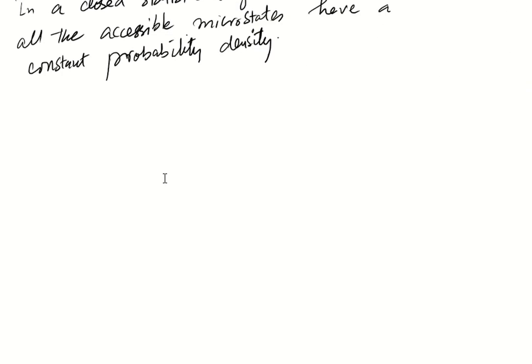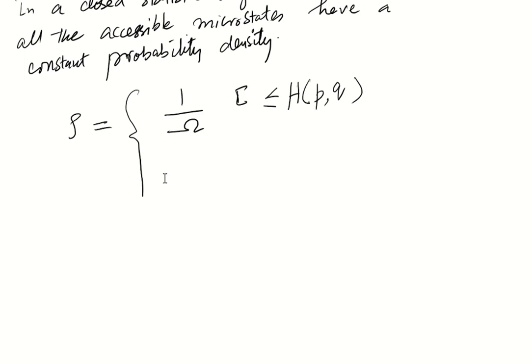So mathematically we can write it as rho is 1 over omega, where omega are the accessible microstates of the system, if the energy of the system is between E and E plus delta E. This 1 over omega is a constant, and it is 0 otherwise.